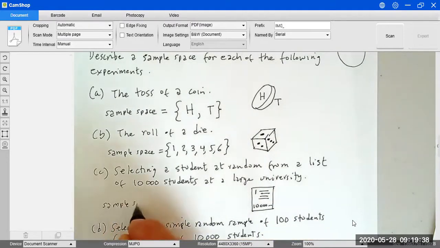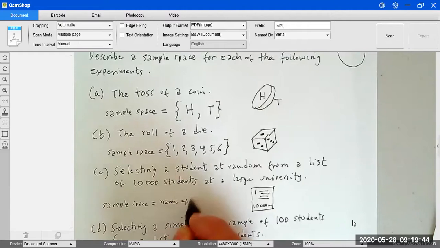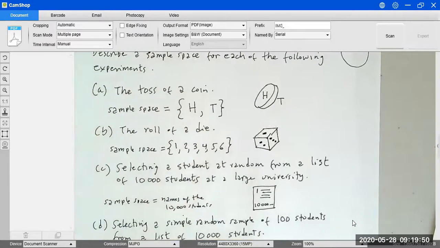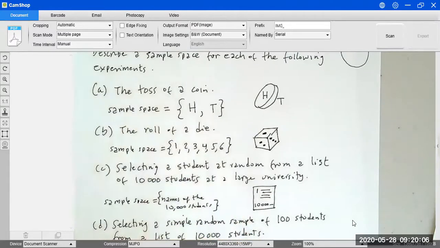The sample space is just the names of the 10,000 students. And you're gonna pick one at random. So you don't know what is gonna be the next student that you're gonna pick. It can be the first one, it can be the third one, it can be the 997th student, but this is gonna be your sample space.